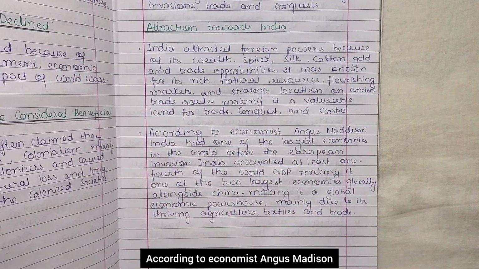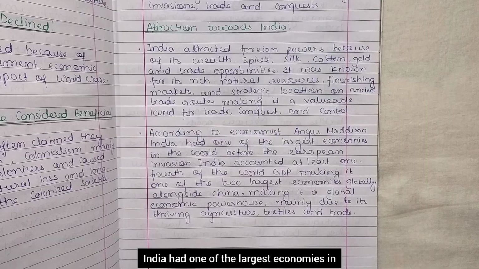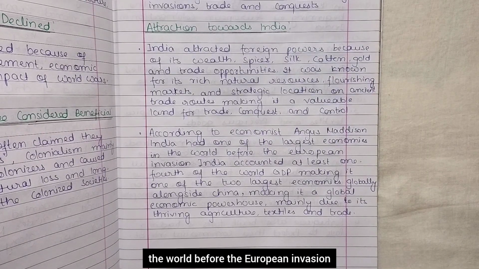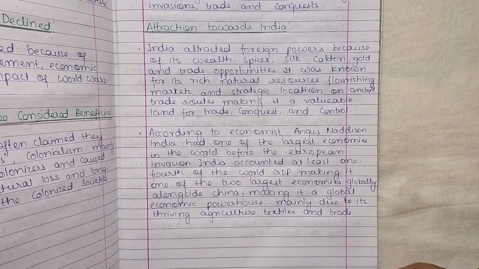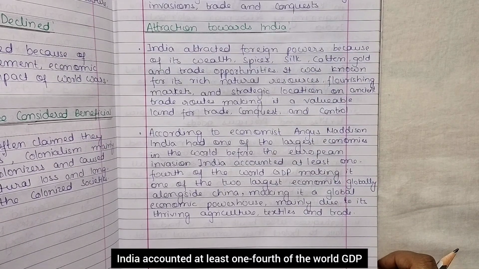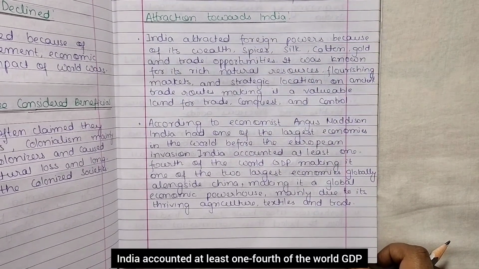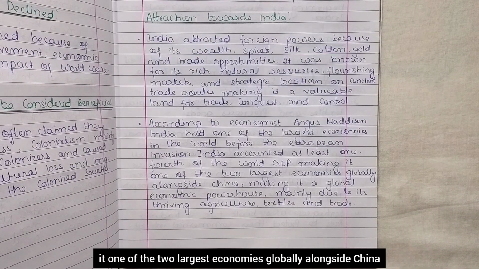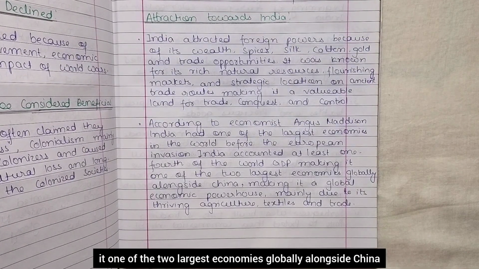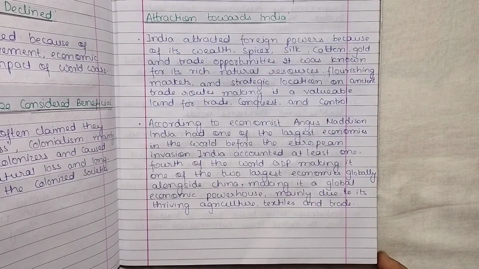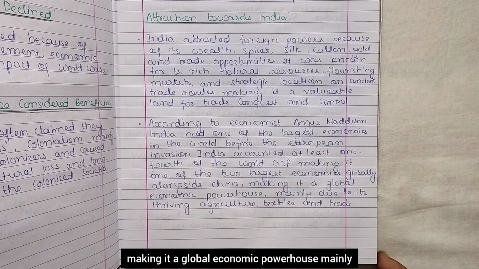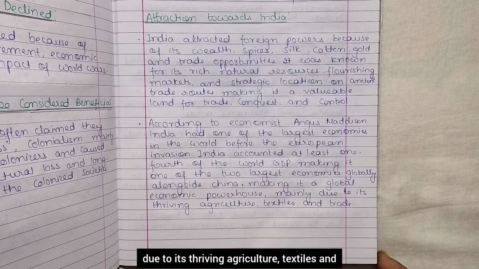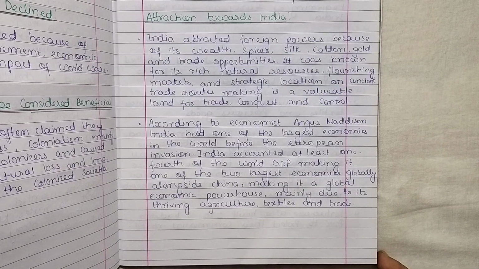According to economist Angus Maddison, India had one of the largest economies in the world before the European invasion. India accounted for at least one-fourth of the world GDP, that is the gross domestic product, making it one of the two largest economies globally alongside China, a global economic powerhouse mainly due to its thriving agriculture, textiles, and trade.